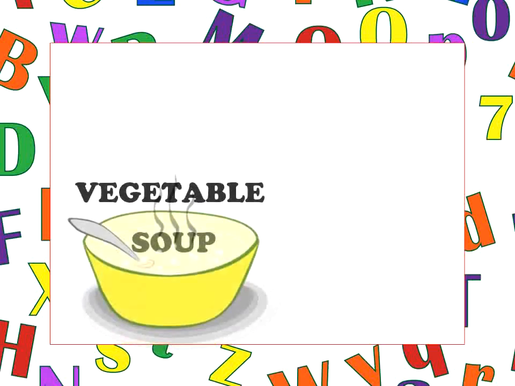Aren't you having fun learning about alphabets? I also know you are having fun in your EVS classes where you are cooking, baking biscuits and making charts. Well, today we are going to make a soup.